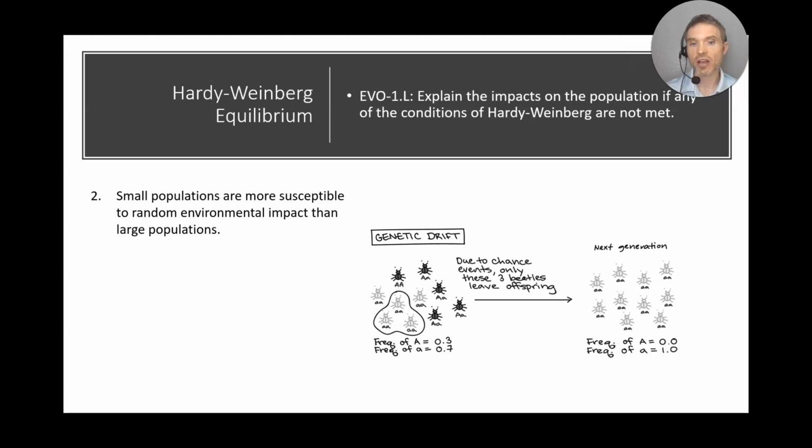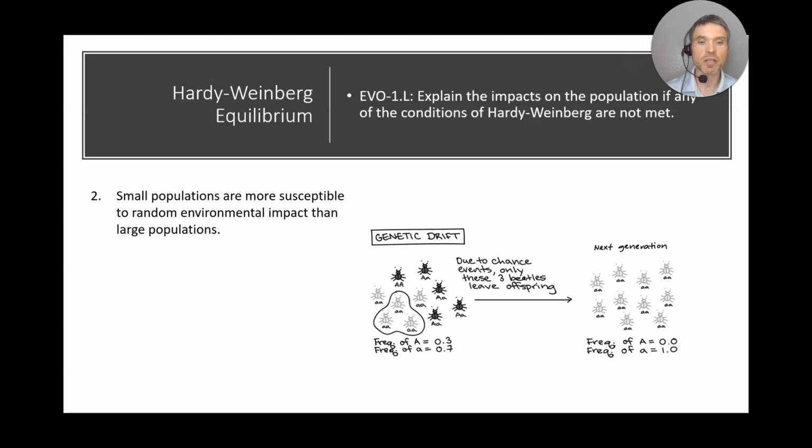We have 0.3 the dominant allele and 0.7 the recessive, lowercase a. By random chance, I select 3 of the beetles, and by chance, I select 3 gray beetles. They are then going to create the next generation, or the new population.